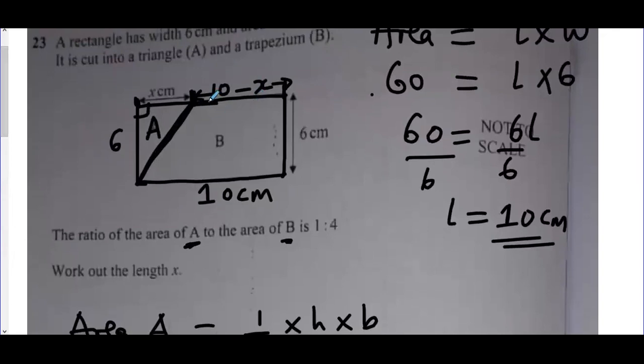The height of the trapezium is 6. The A will be 10 minus X, and the B will be equal to 10.